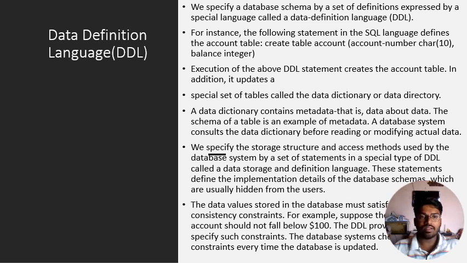In addition, it updates a special set of tables called the data dictionary or data directory. A data directory contains metadata, that is, data about the data, such as the schema of the table. A database system consults the data dictionary before reading or modifying the actual data.